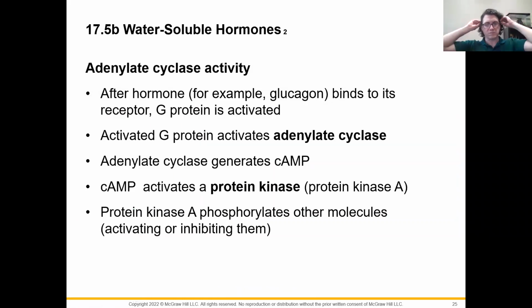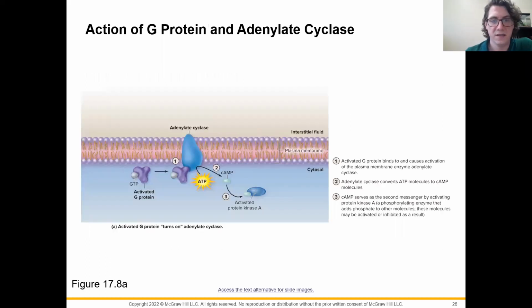The next place it's going to go is adenylate cyclase, okay? So it's going to be hormone receptor, G protein, adenylate cyclase, and then cyclic AMP, and then finally a protein kinase. This is this signal transduction, or this little pathway of interactions.